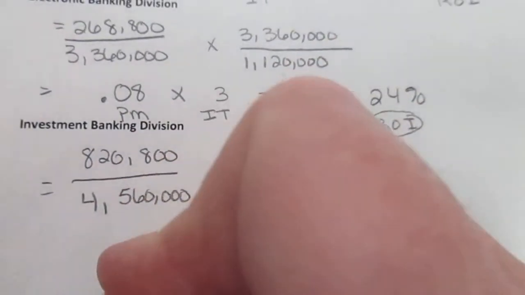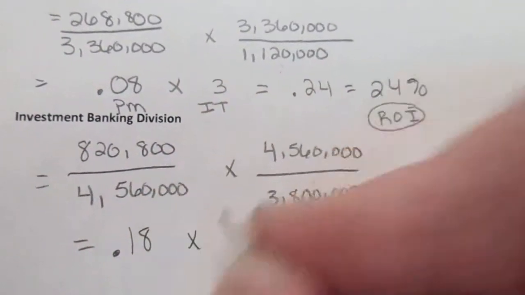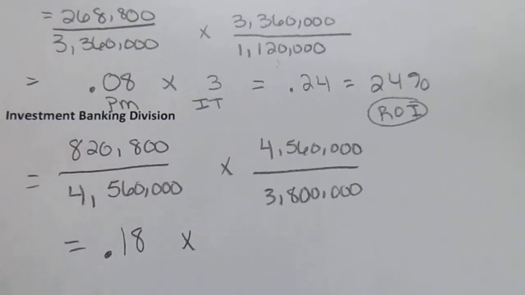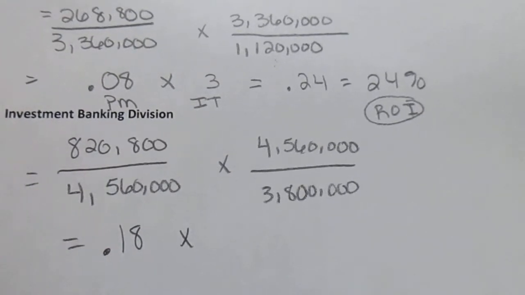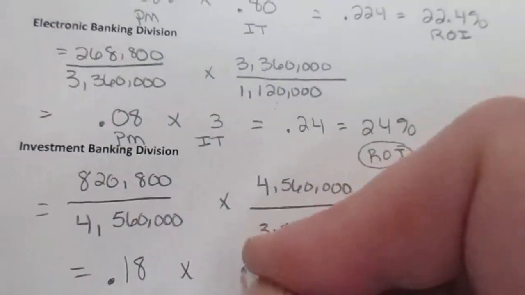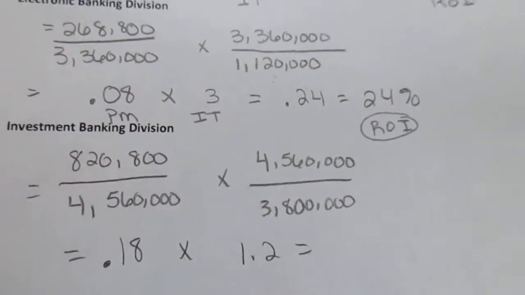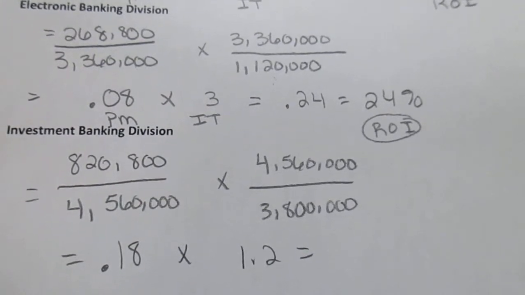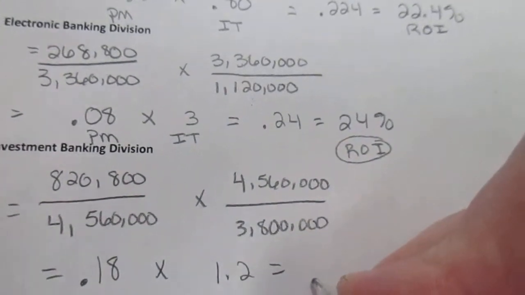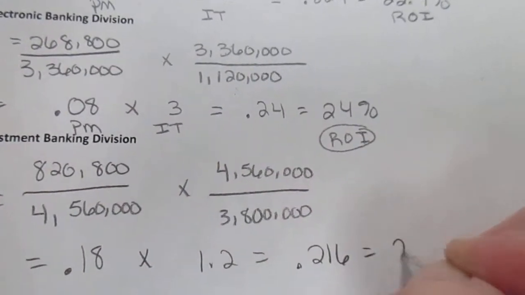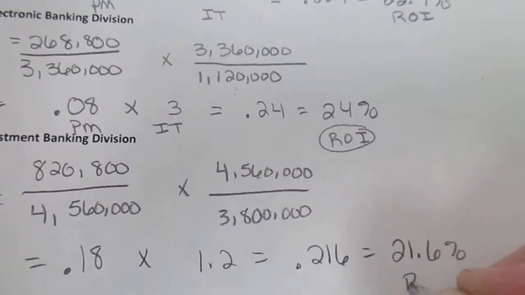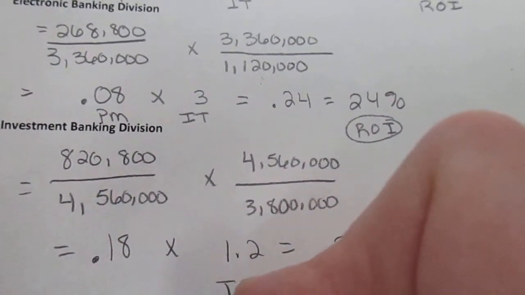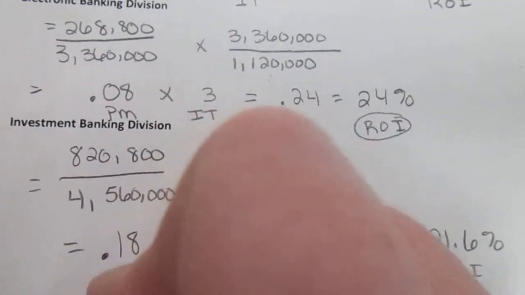Okay, so we get 0.18 times 1.2. And then if we multiply those together, we get 0.216, which is the same as 21.6%. Again, this is your ROI, this is your investment turnover and your profit margin.